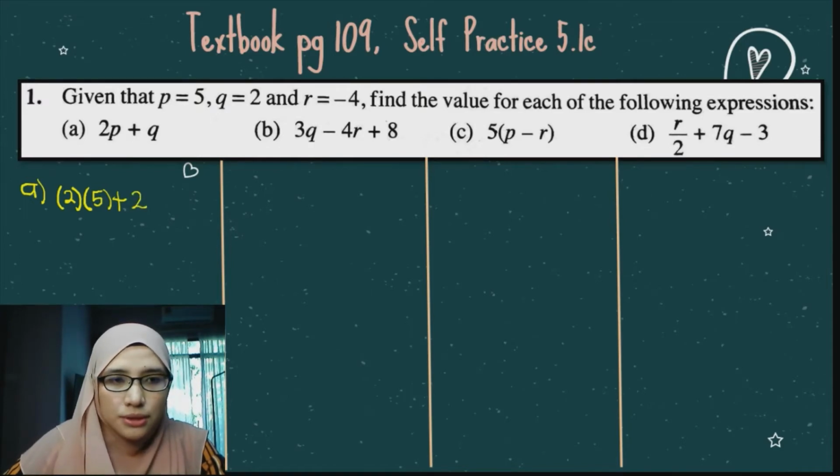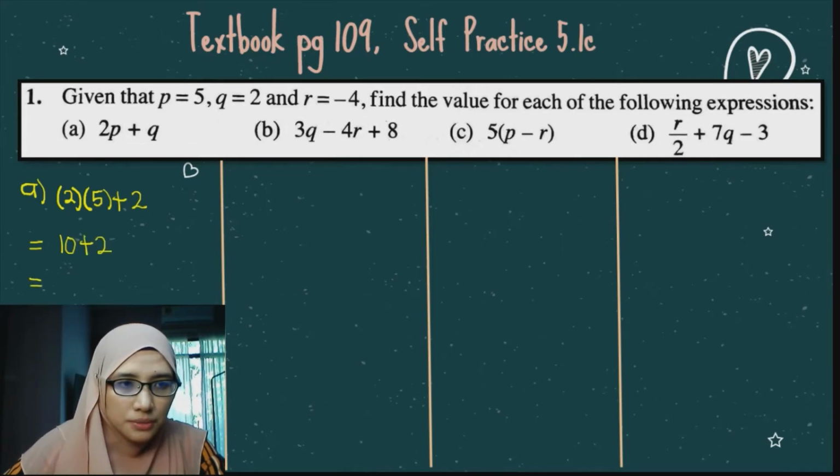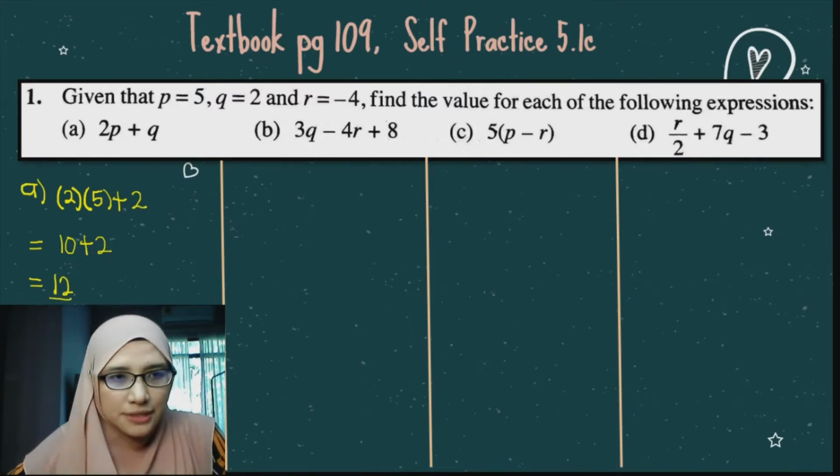So I don't have to write bracket for Q because Q doesn't have a combination with other number. So then next step is we just calculate the value. 2 times 5, that is 10, plus 2. So your answer will be 12. Okay, that's the first question.